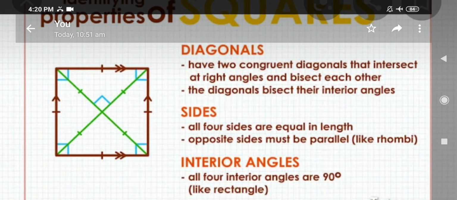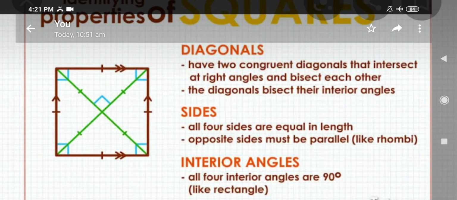Now about the diagonals of a square: they are also congruent. The diagonals are those lines which join the opposite vertices. Diagonals of a quadrilateral are those lines which join the opposite vertices, and the diagonals of a square are congruent to each other, and they bisect each other.